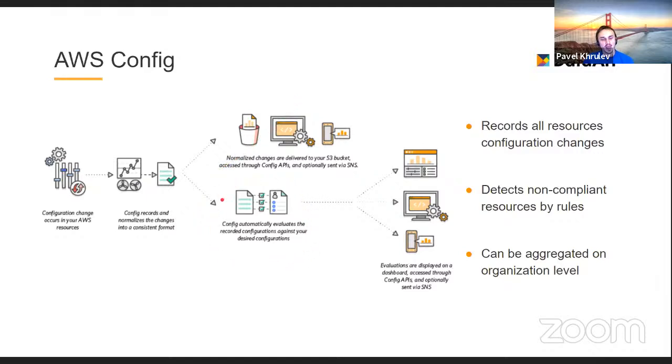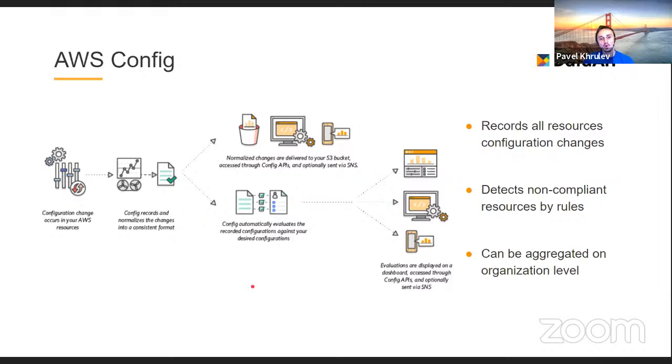And also it allows you to create rules. That means that anytime a resource in your environment is changed, it can be evaluated against some rule and marked as compliant or non-compliant. And landing zone guardrails use AWS Config for creating detective rules.